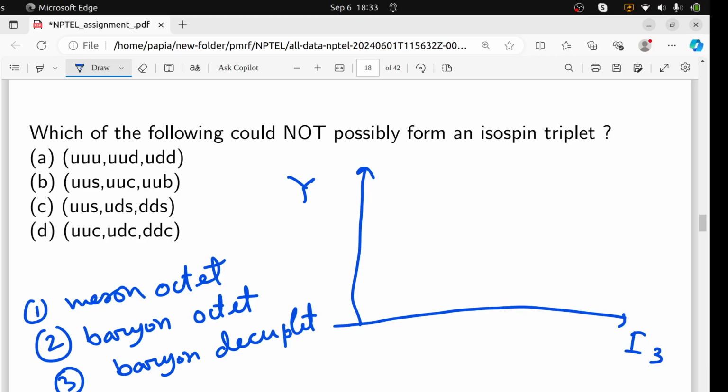Here, as they are asking about isospin triplet, and whatever is given here follows the QQQ concept, obviously we will not take care about meson right now. That is simply a baryon question. So for baryon octet or baryon decuplet, what is there? Let me write here baryon octet first. So how is it looking? It is looking like that.